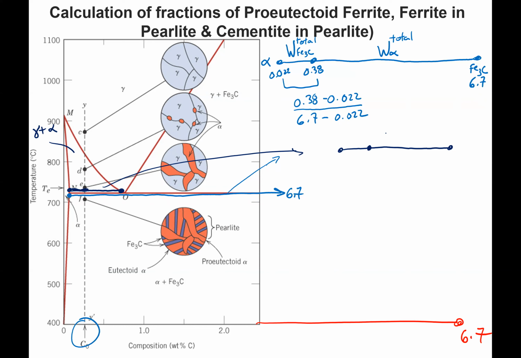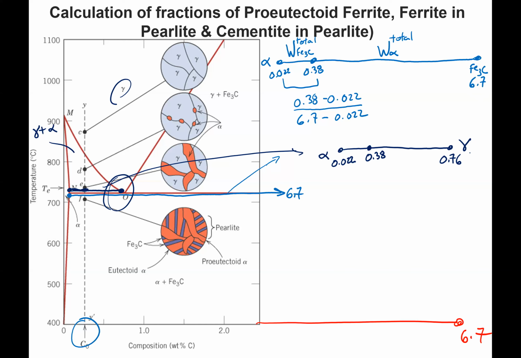So here's my tie line. I have alpha over here on the left, and we saw in the previous case this was labeled in the diagram as being 0.022. We are still at 0.38 overall composition. And now over here on the right side, I have gamma, and that gamma there is at 0.76.